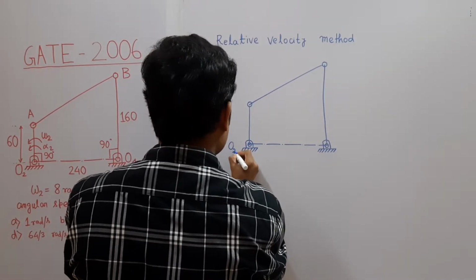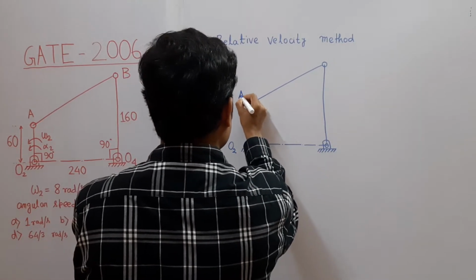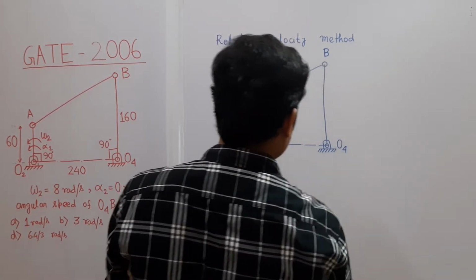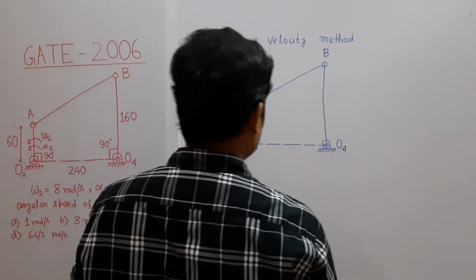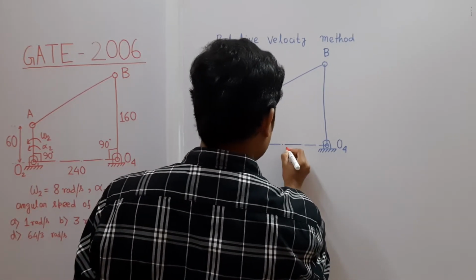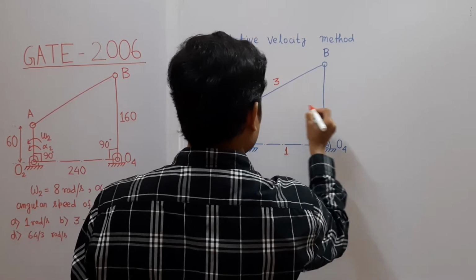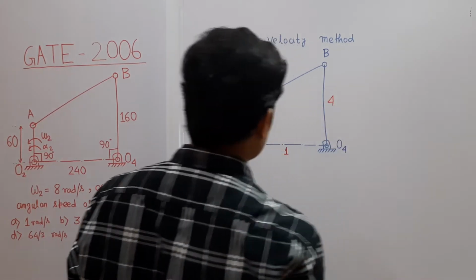So this is O2, this is A, this is point B and that is O4. And let me denote the link numbers: the fixed link as 1, crank as 2, connecting rod as 3 and follower as 4.